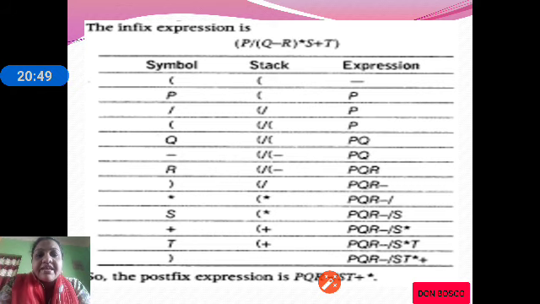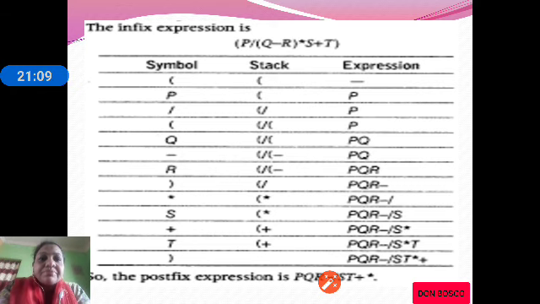Next symbol is right parenthesis. When there is a right parenthesis, we have to pop all the elements till we get the matching left parenthesis. When we pop, we will get minus. Then we get left parenthesis. So you need to cancel right and left parenthesis and put minus into the postfix string.